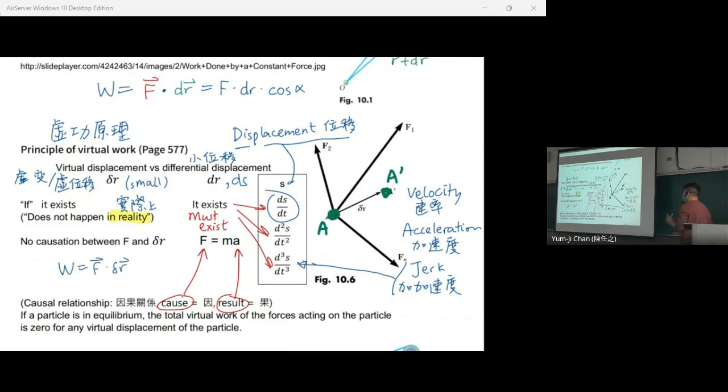This is we have virtual displacement of delta R, and we have these forces. There is no causal relationship between F and R. These are independent things. So the force F does not lead to the displacement. Okay?